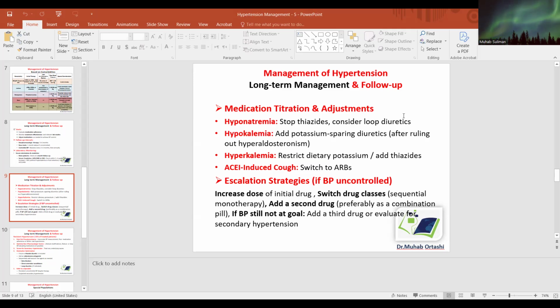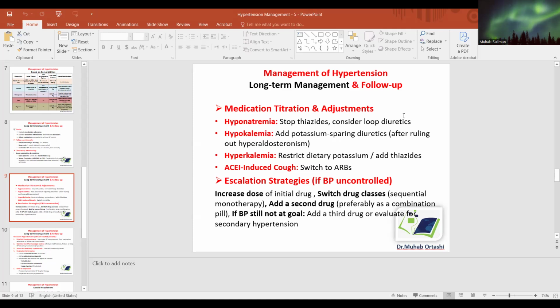But most likely if the patient has hypokalemia, it is highly associated with thiazide diuretic use. Before we use a potassium sparing diuretic, we have to check the patient for hyperaldosteronism also, which could be associated with hypokalemia. So we do a search or investigation for hyperaldosteronism.